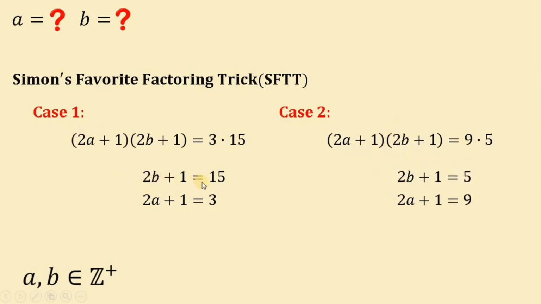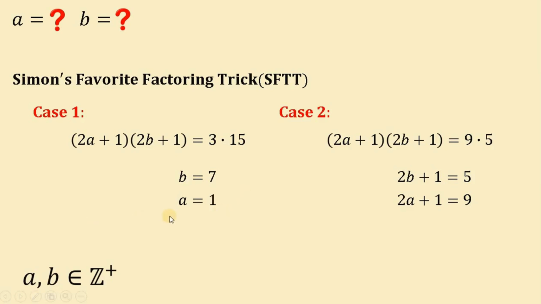Now, let's focus on case number 1. So, we have 2b plus 1 equals 15. Let's subtract 1 on both sides. This will give us 2b equals 14. Divide by 2 on both sides, and we get that the value of b must be equal to 7. Now, how about in this equation, 2a plus 1 equals 3? Subtract 1 on both sides. This will give us 2a equals 2. Divide by 2 on both sides, and we get that the value of a must be equal to 1.